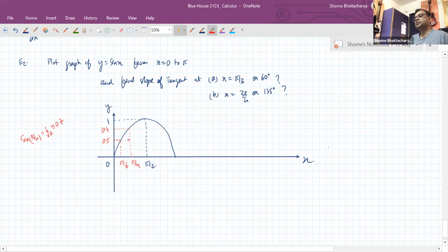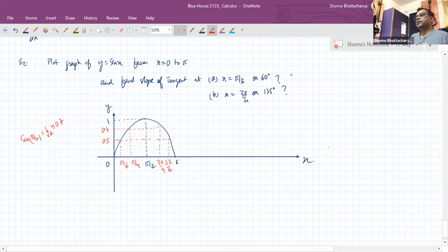But then that value repeats again at 5 pi by 6. This value again repeats at 3 pi by 4. So that is as far as the graph is concerned.